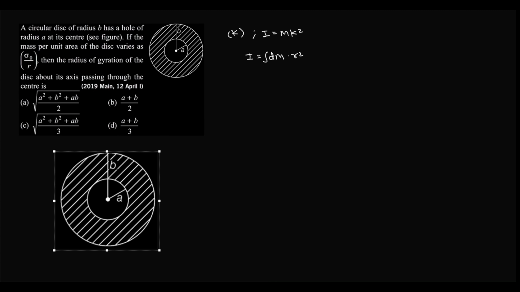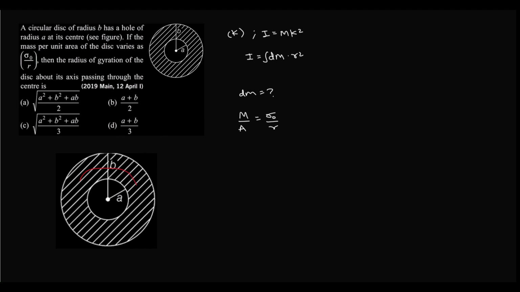So I have to find dm first. This dm can be written using the mass per unit area. What is given? Mass per unit area is sigma naught by r. So let's take an element. Since this is a disk, the element would be a ring.